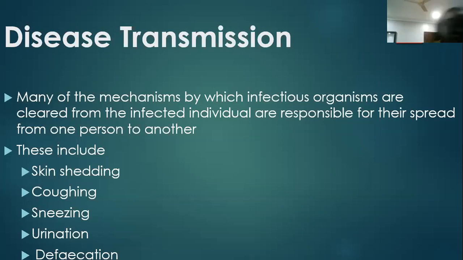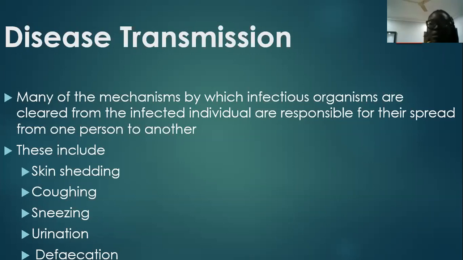Okay, so let's look at disease transmission. Disease transmission occurs when the microorganism that has been cleared from one person gets into another person. And this occurs from the point where the microorganisms are shed. For example, if you shed the microorganisms through the skin, or if there's shedding from the respiratory tract by coughing, sneezing, or singing or saliva production, that can also be a mode of disease transmission.